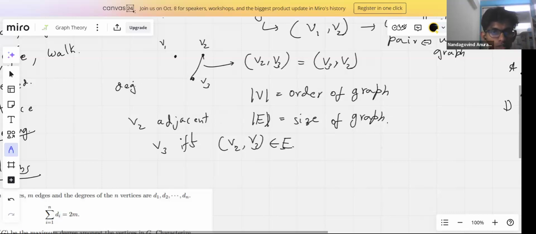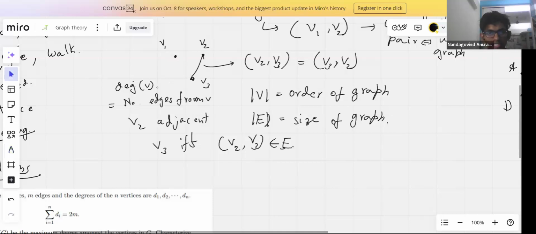Now we also have the degree of a vertex. The degree of a vertex V is equal to the number of edges from V. So the degree of V3 here is 1 because there's one edge with an endpoint at V3. The degree of V2 is similarly 1 and the degree of V1 is 0.